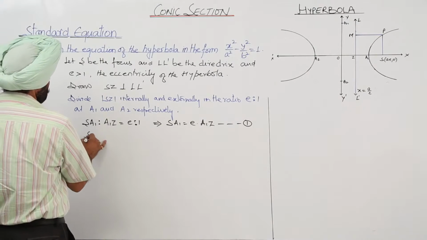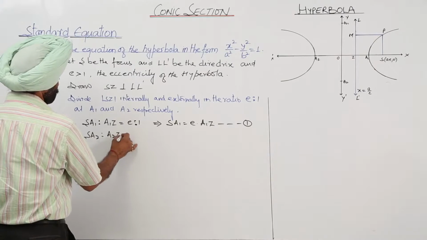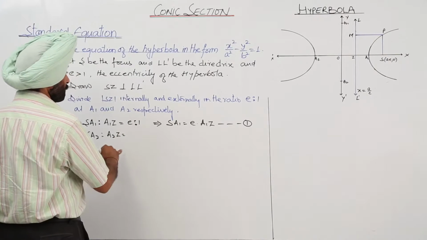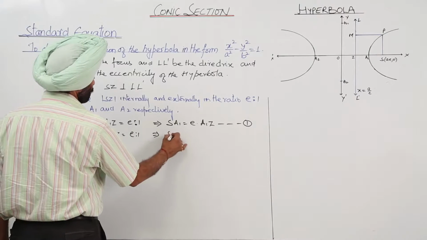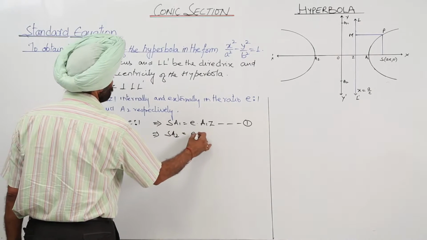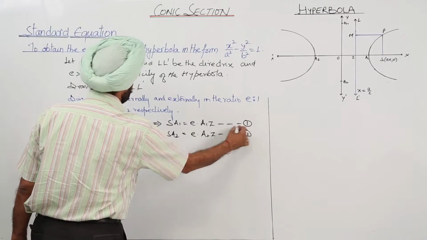Now SA2 ratio A2Z is equal to e ratio 1, and this gives SA2 is equal to e times A2Z, equation 2.